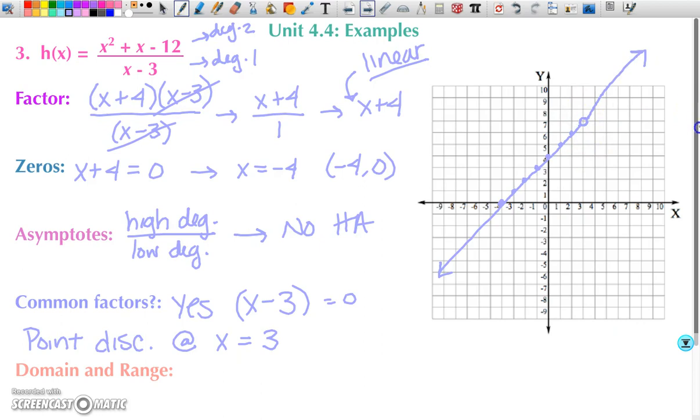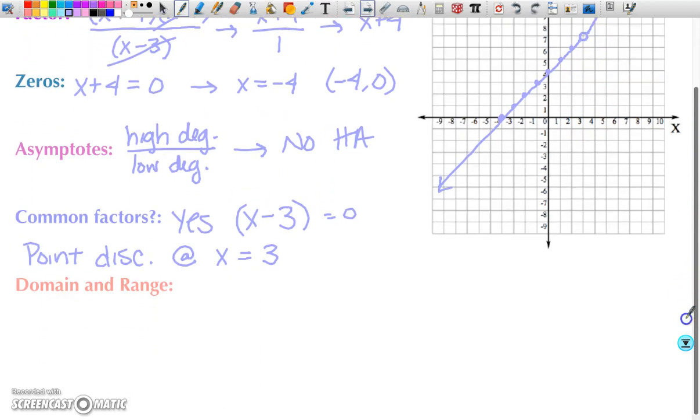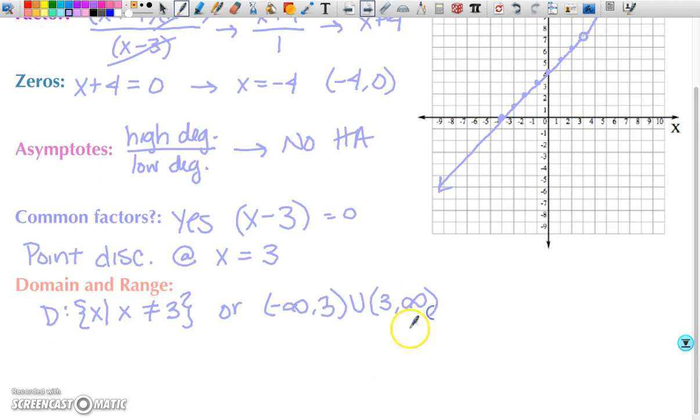So when we go to do our domain, the only x value that isn't going to work is 3. So we'll write our domain as x such that x does not equal 3, or negative infinity to 3, union 3 to infinity. And then our range, so this one is, I think, h of x, is that what I used?